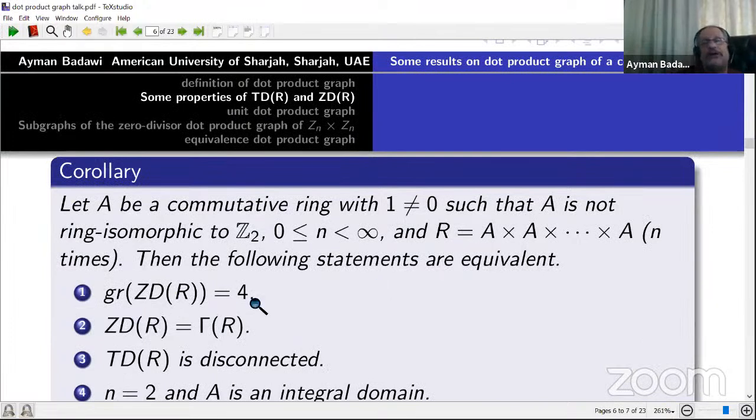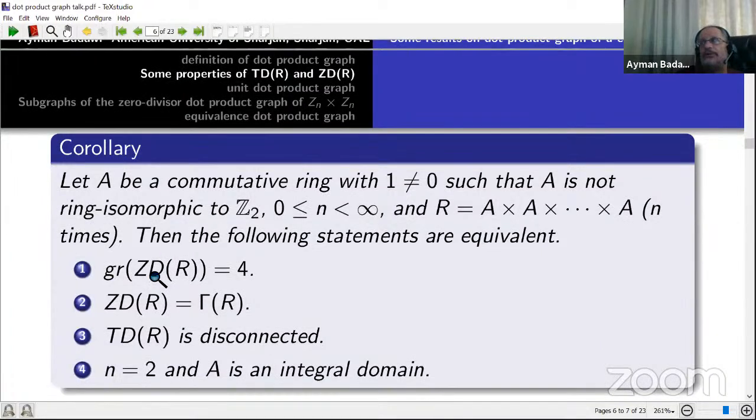The same setting: what about if the girth of the zero divisor graph is 4?